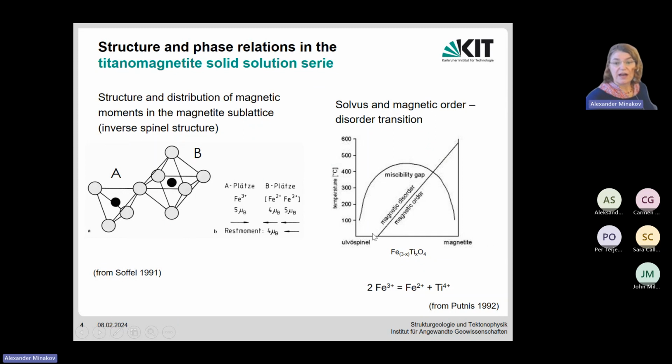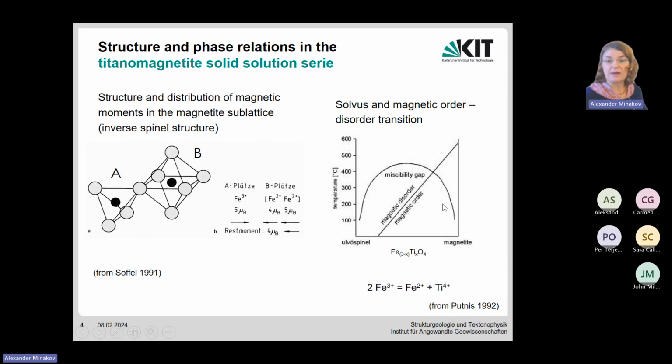The magnetic properties of the solid solution series are also changing with composition. What you also see here is that you have a miscibility gap below about 450 degrees, and in volcanic rocks, when you quench your magma very quickly, you retrieve this composition without exsolution.